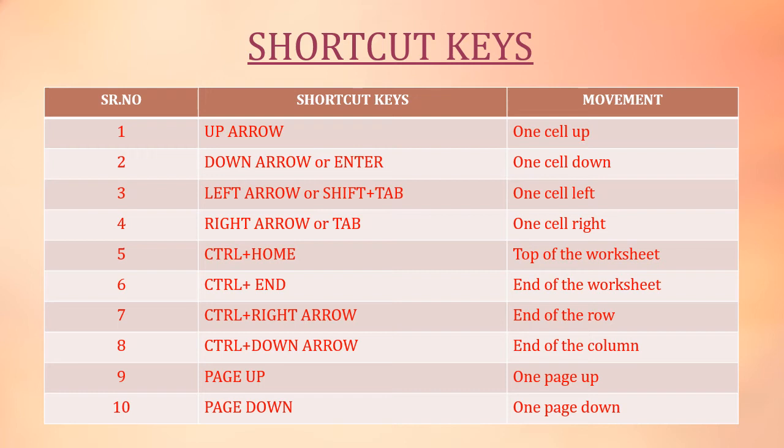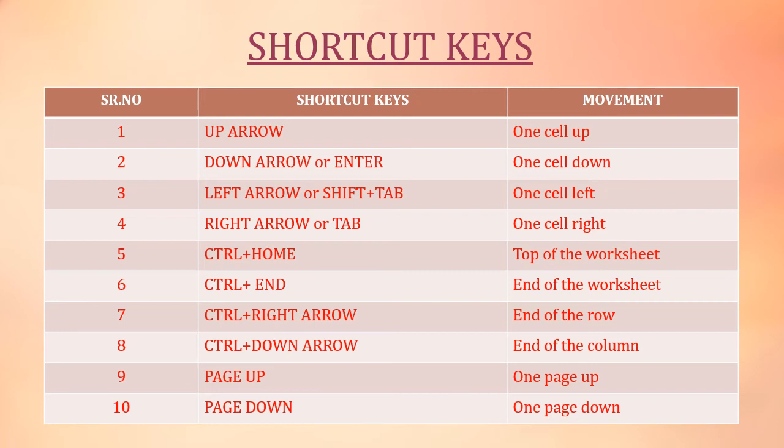When you want to move to the top of the worksheet, Control plus Home is the shortcut key. In order to move to the end of the worksheet, Control plus End is the shortcut key. When you want to move to the end of the row, Control plus right arrow key is the shortcut key.